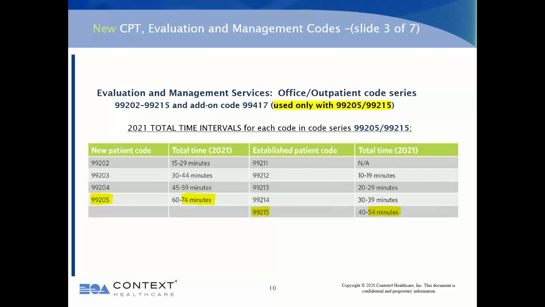And to bill for prolonged services, at least 75 minutes must be documented. And when an auditor confirms a record for 1 unit of prolonged service code 99417 reported with an established patient level 5 service, he or she must see at least 55 minutes of total time documented.